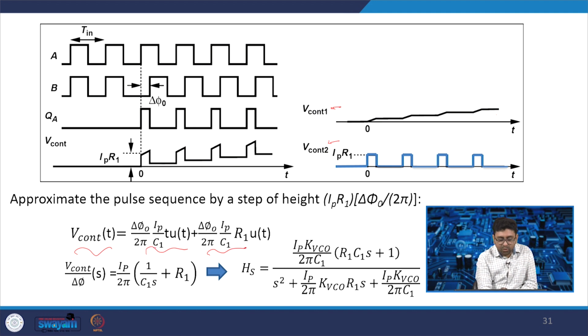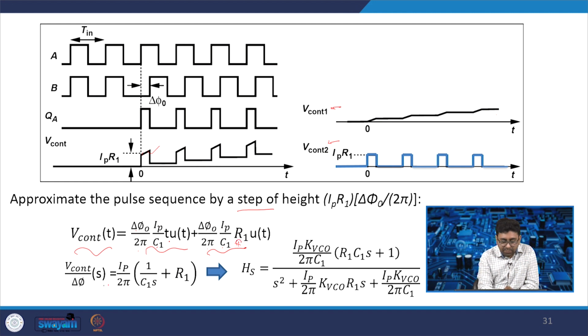Where V control 1 is Δφ0/2π times Ip/C1 times t u(t), plus Δφ0/2π times Ip/C1 into R1 into u(t). So, this is the step height. Initially we considered only the capacitor, and now the height of this step depends upon the value of R1.